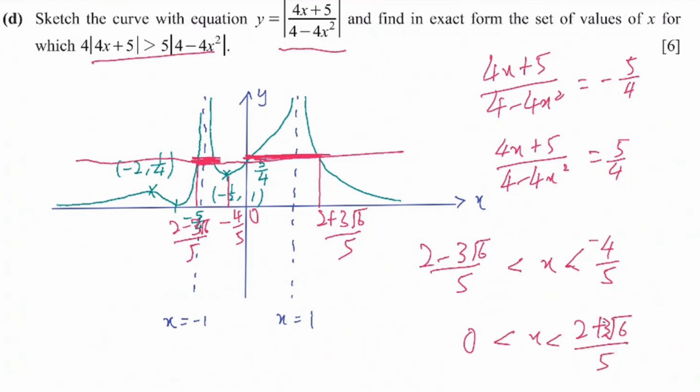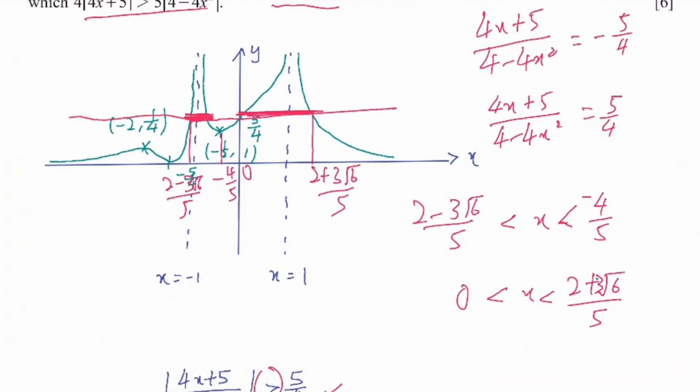If we do not care about the asymptotes there, this is a dangerous part. We have to look at the asymptotes. In the mark scheme, they might allow us to include the asymptotes, which are x equals -1 and positive 1 here, but it is better we don't include that. So we still have to split that into a few parts here.